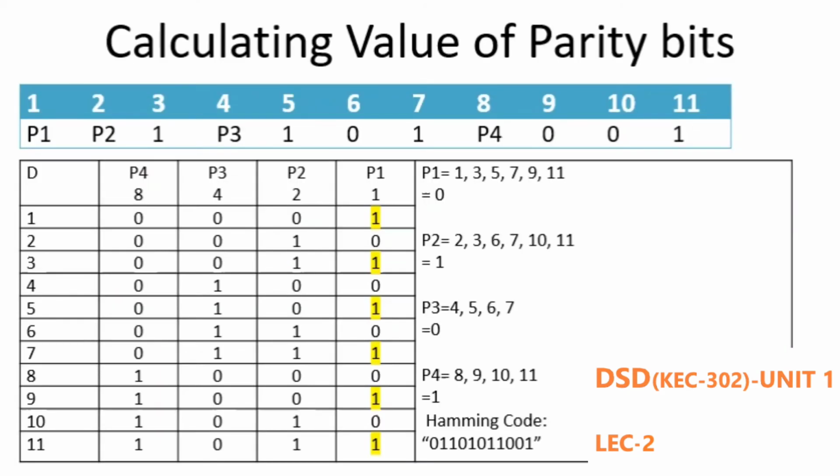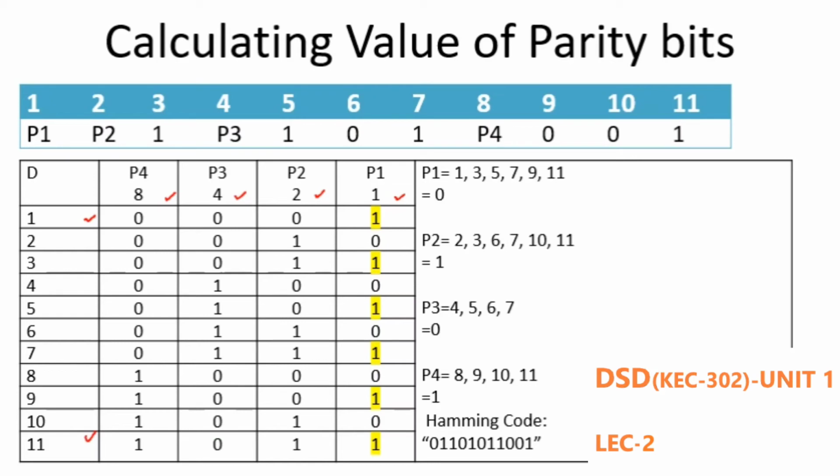So regarding the finding of these values, we have to write the binary version of 1 to 11, because we are having these 11 values here. So for this 1 to 11, I am writing the binary representation of them. And for this LSB, I will be using P1. For this position, I will be using P2, then P3, and then P4.